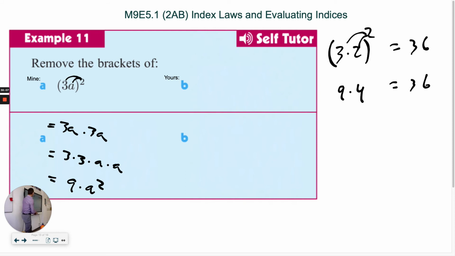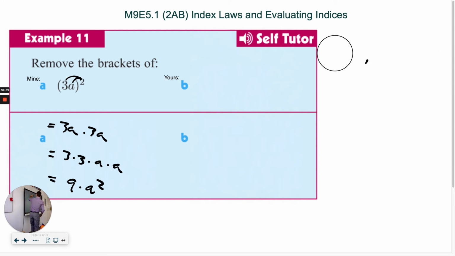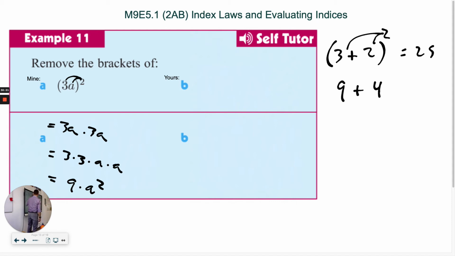What doesn't work is if you have 3 plus 2 squared. Should be 5 squared, 25. If you do this, you get 9 and 4, not 25, right? So this distribution shortcut only works if you have multiplication.